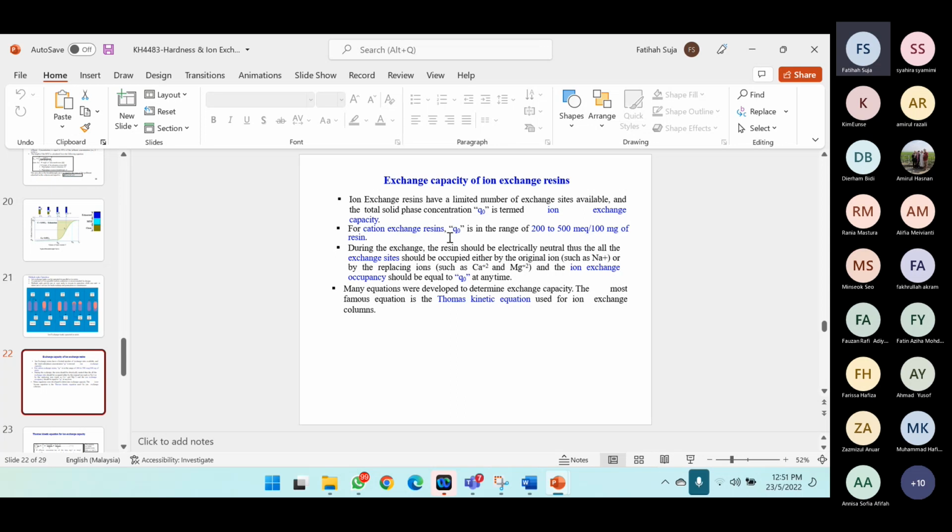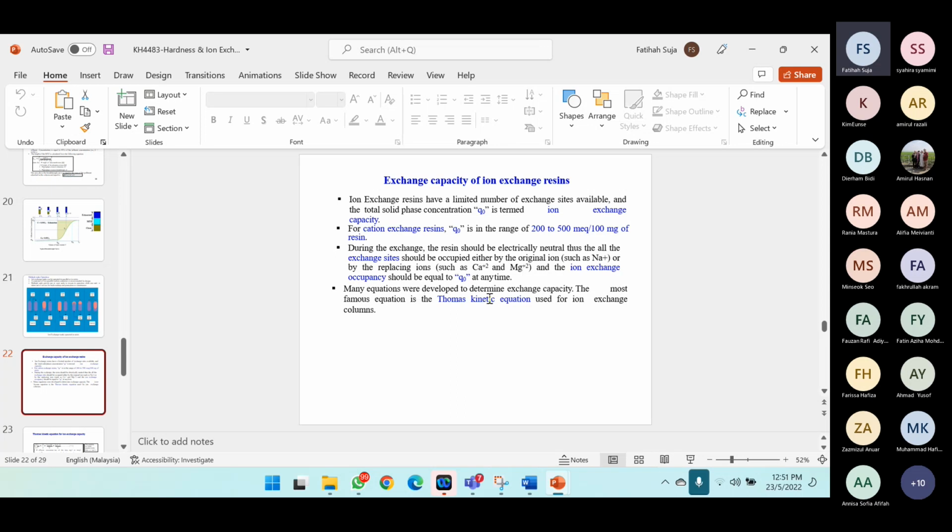For cation exchange resin, Q0 is in the range of 200 to 500 milliequivalent per 100 milligram of resin. During the exchange, the resin should be electrically neutral, thus all the exchange sites should be occupied either by the original ion, such as sodium, or by the replacing ion, such as calcium and magnesium. Okay, and the ion exchange occupancy should be equal to Q naught at any time.